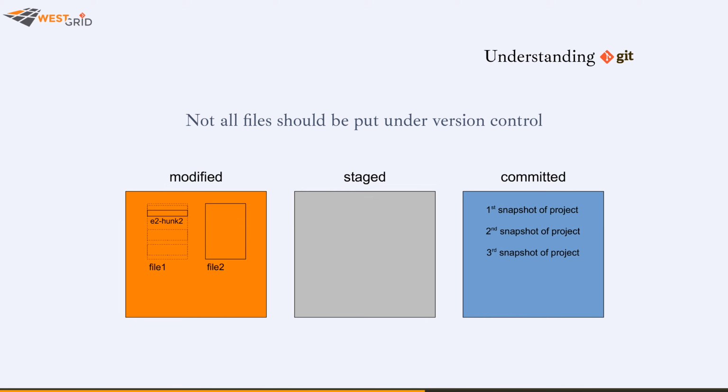Now, it doesn't make sense to put every single file under version control. Source code, scripts, manuscripts, text files that you can't reproduce, those definitely you want to put under version control with Git. But the outputs of files, those that can be reproduced extremely easily by rerunning some code, you really don't want to version control those files.